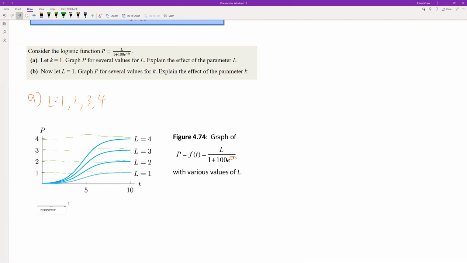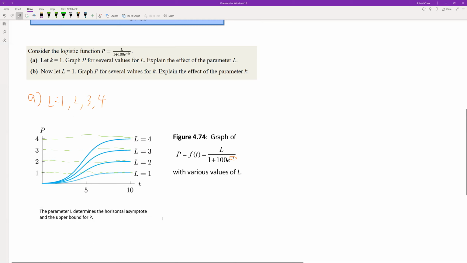The parameter L determines the horizontal asymptote and the upper bound for P. Upper bound means where the function is going to go as we increase the value.